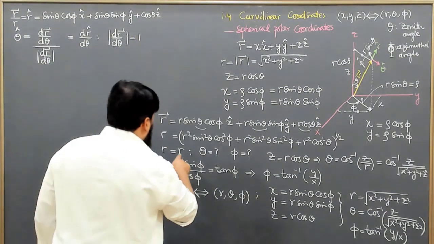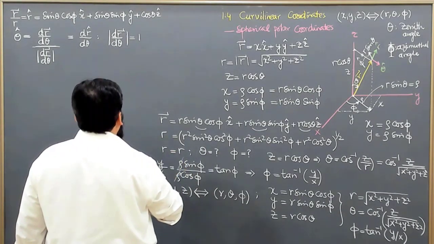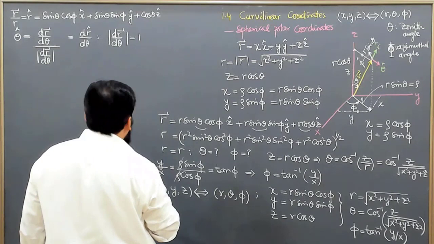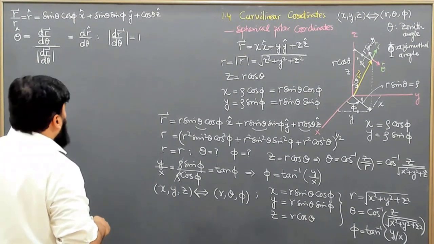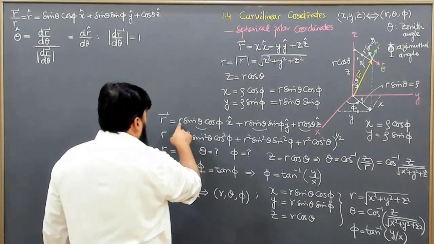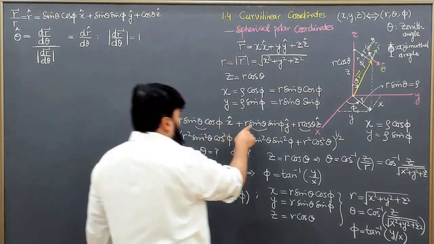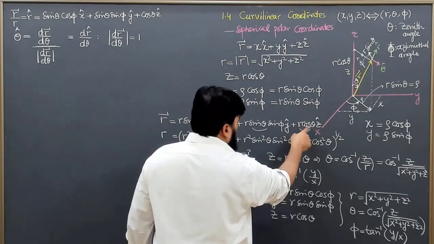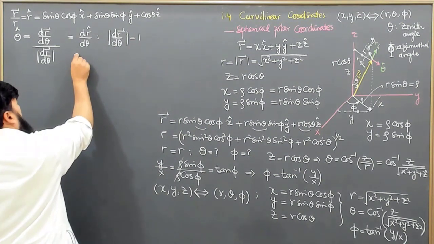We have already done it. Let me show you here, the vector r with respect to theta, and then we will take the magnitude of it. If I find dr over d theta, it will become r cos theta cos phi, then r cos theta sin phi, and minus r sine theta.